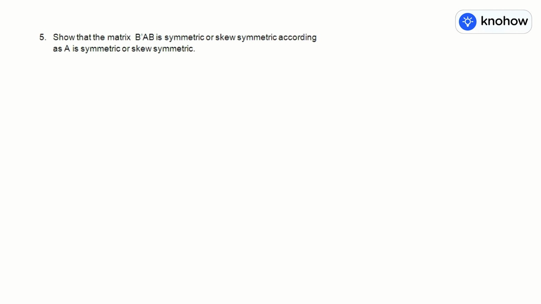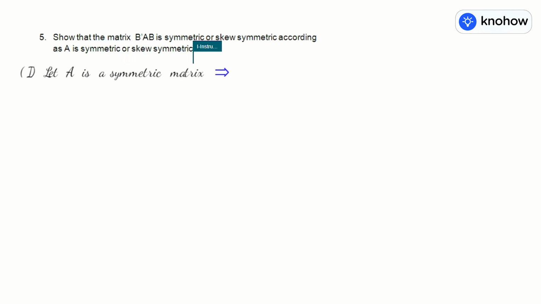Now show that the matrix B dash AB is symmetric or skew symmetric according as A is symmetric or skew symmetric. So this question has got two parts. In the first part, let A be a symmetric matrix.